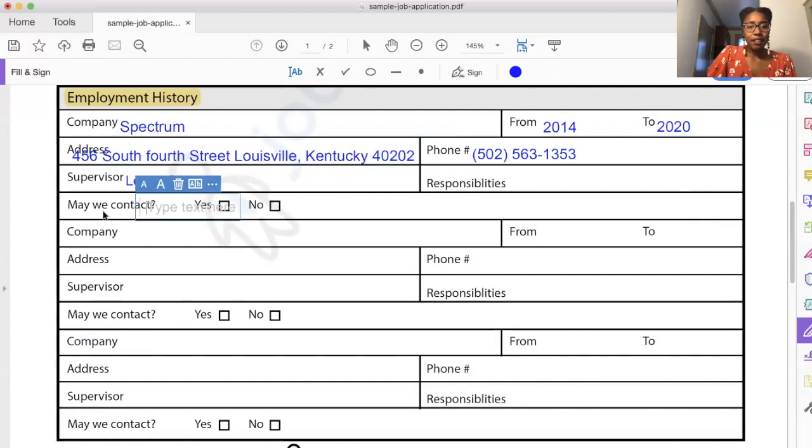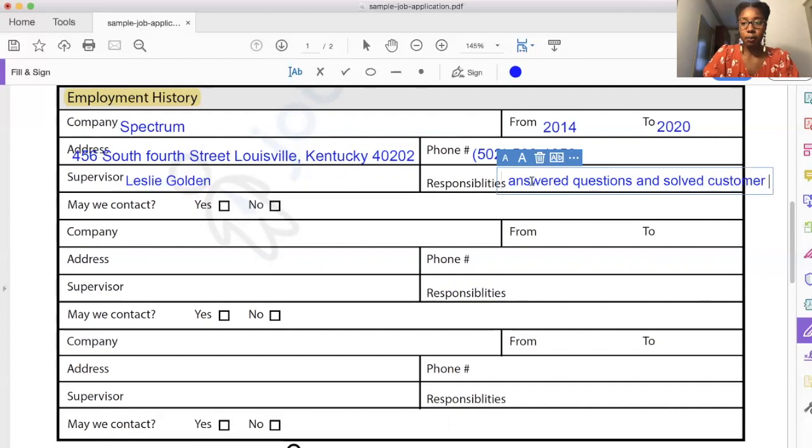Next it says responsibilities. So what did Sarah do at Spectrum? We'll say Sarah answered questions and solved customer problems.